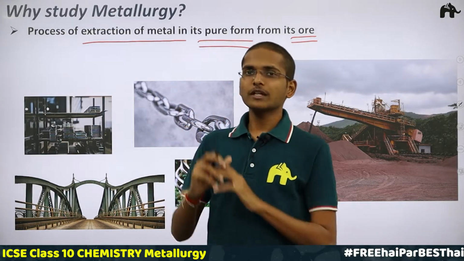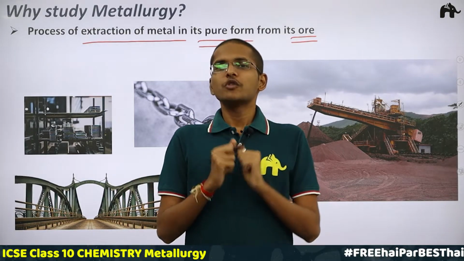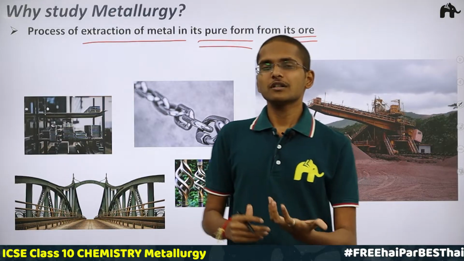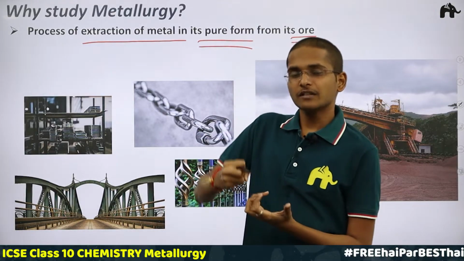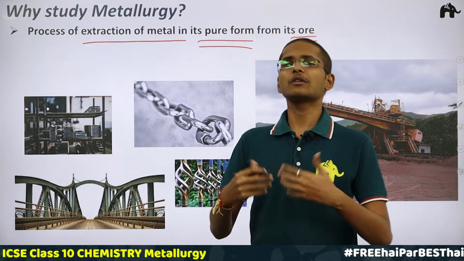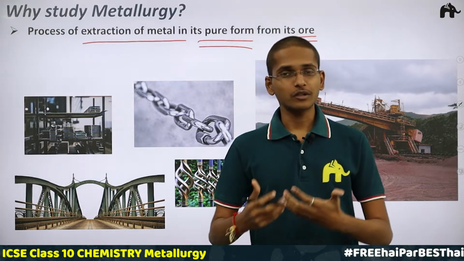So if you don't study this process, you won't be able to get the metal in its pure form, and you won't be able to use it. So for that purpose, yes, we need to study metallurgy. And in this chapter, which metal's extraction in its pure form are we going to study? We are going to study aluminium's extraction. I hope you are now convinced about learning this chapter and you are interested as well.